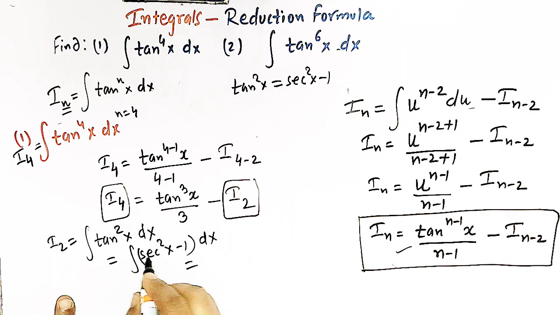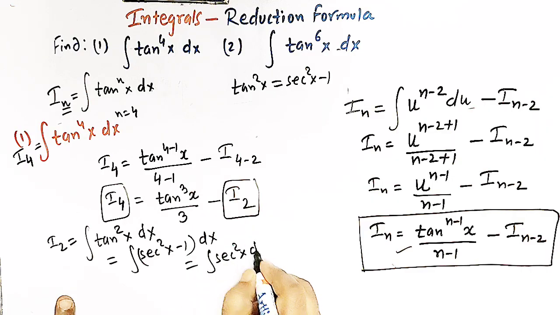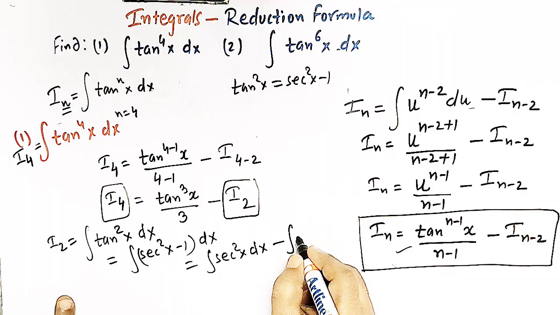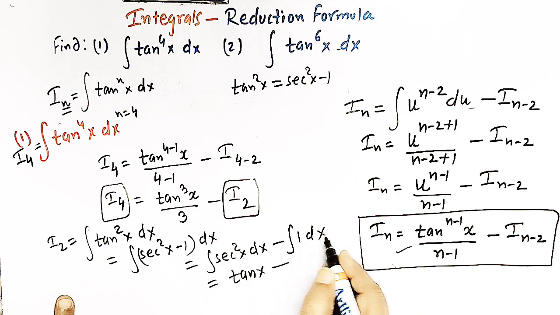So now we have the integral of secant square x dx minus the integral of 1 dx, and here we can use the standard result. The integral of secant square x dx is simply tan x, and here we have x, right? So now the value of I2 is given by tan x minus x.